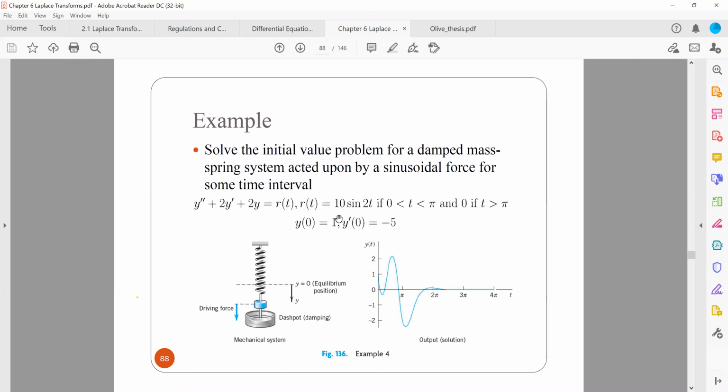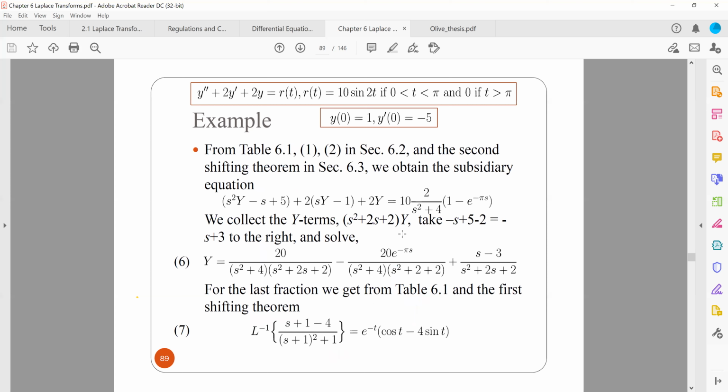Initial values: y(0) is 1, the first derivative at 0 is equal to minus 5. So again, we use that same equation, but now we have s squared Y minus s plus 5 because of these initial values. So we have minus s here and 5 here.